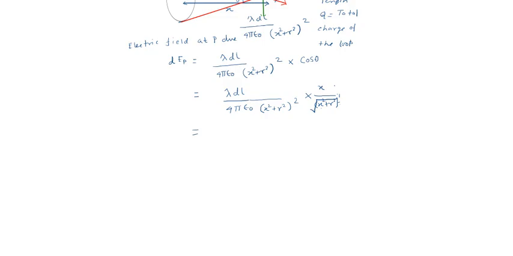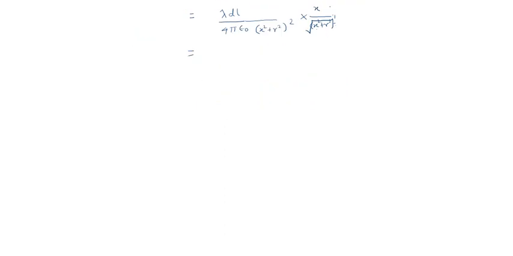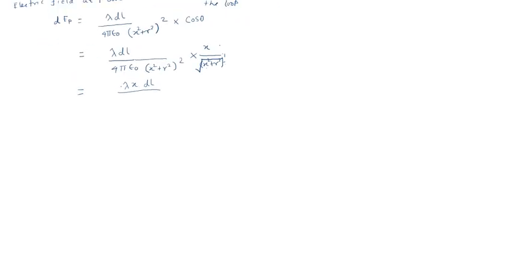So this will give us dEP as lambda x dl divided by 4 pi epsilon naught, x square plus r square whole to the power 3 by 2.